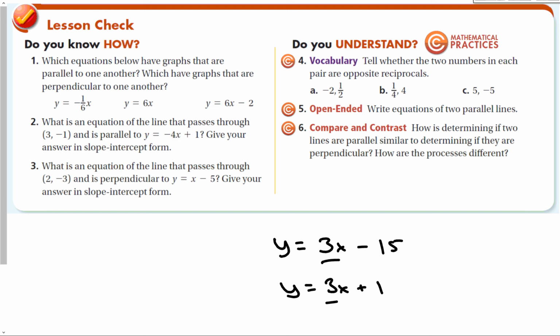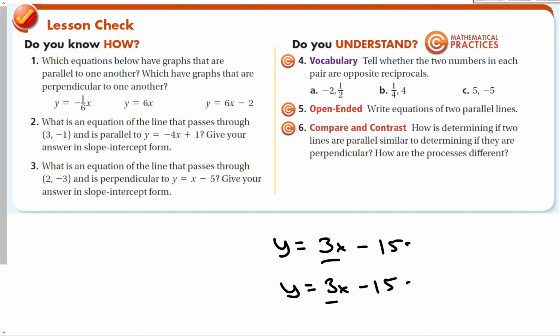As long as the slopes are the same, the two lines will be parallel. How is determining if two lines are parallel similar to determining if they are perpendicular? In both cases, we're going to look at the slope. Now, the only thing that gets weird is if the intercepts happen to be exactly the same. Then these two lines technically are not parallel. Technically, they are the same line.